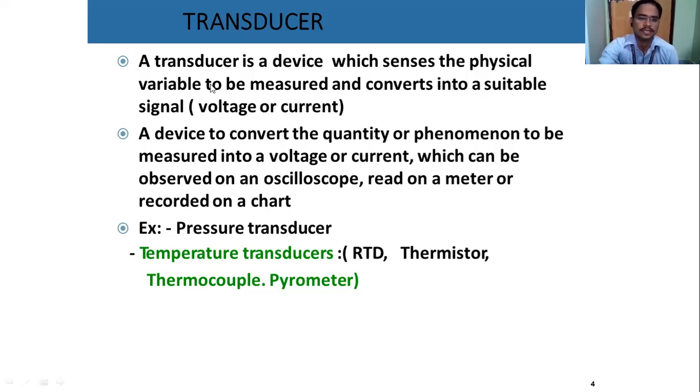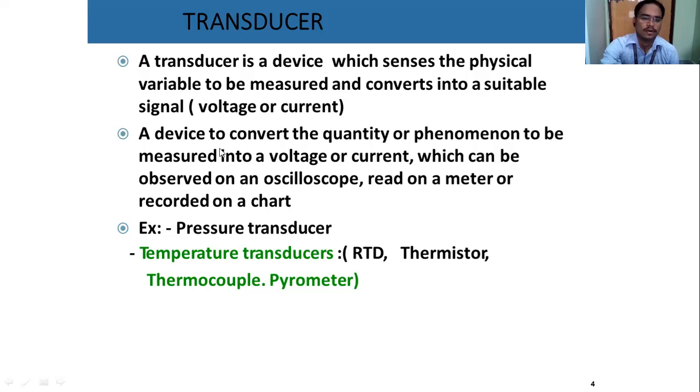Here it is given as: a transducer is a device which senses the physical variable to be measured and converts it into a suitable signal. It can be a voltage or a current. So that is what the transducer function is, to convert from one form of input energy, or the input signal from the physical conditions of the measurand, to the other form.